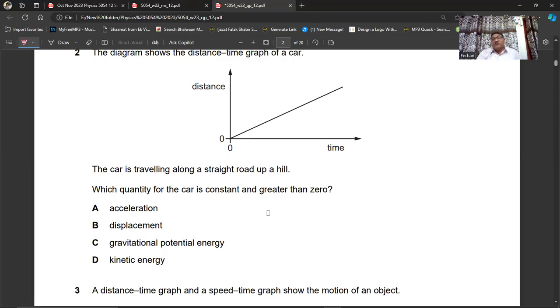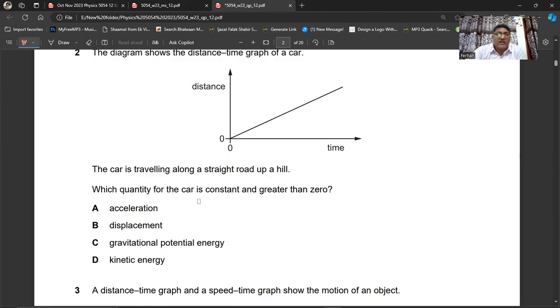The speed is constant, and the kinetic energy depends upon the speed and velocity. The kinetic energy formula is 1 by 2 mv square. So if the velocity or the speed of our body is constant, then its kinetic energy is also constant.